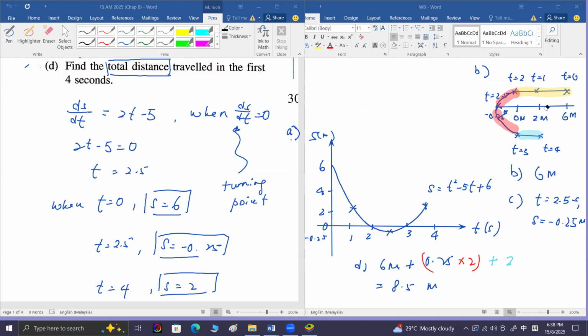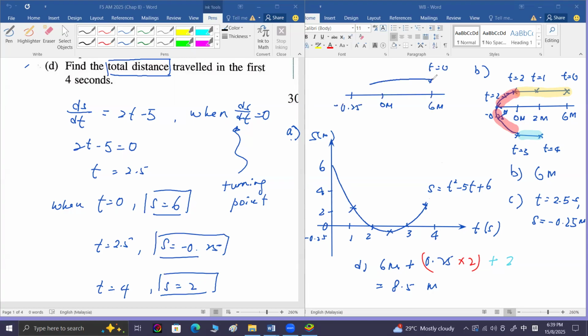So I will do the same thing, but I just need these 3 points only. Starting point, 6 meters. Turning point, 2.5, so I make it 0, negative 0.25.